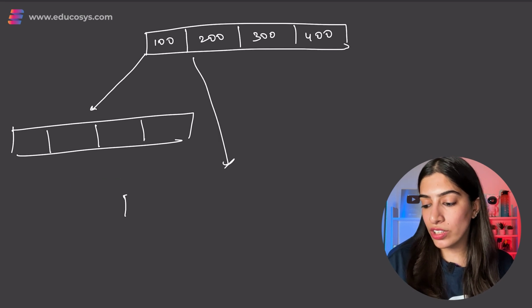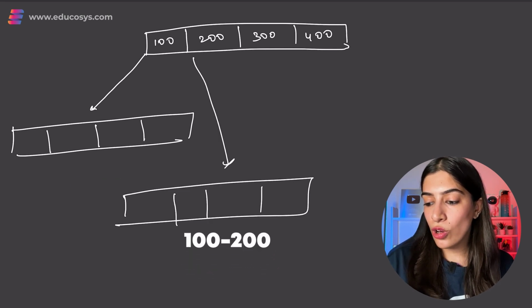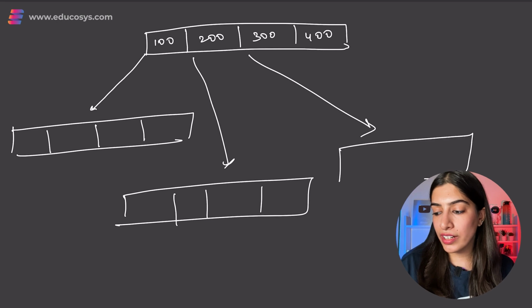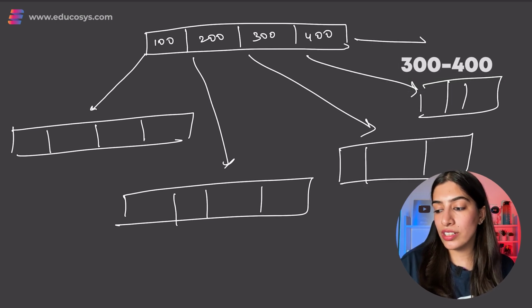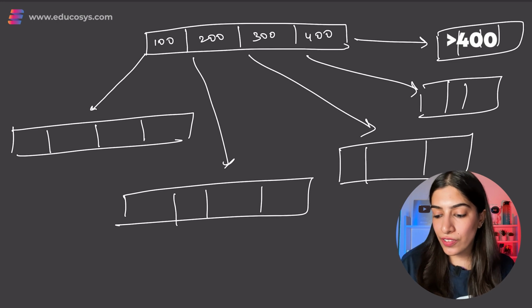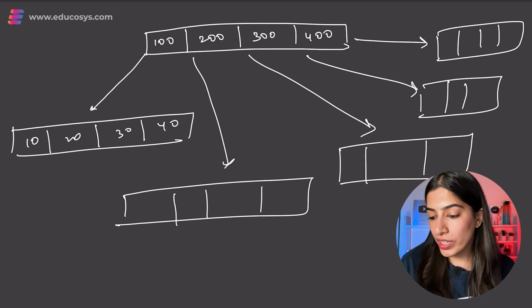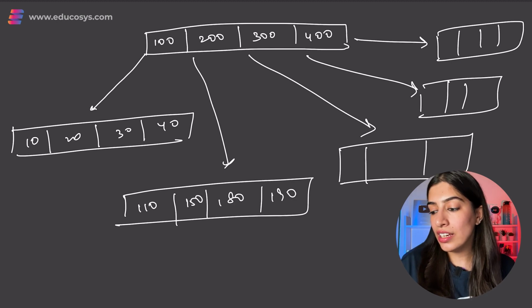Over here, it is going to be between 100 and 200. Over here, between 200 and 300. Over here, between 300 and 400. Over here, more than 400. So here it could be 10, 20, 30, 40, and over here 110, 150, 180, 190, like this.